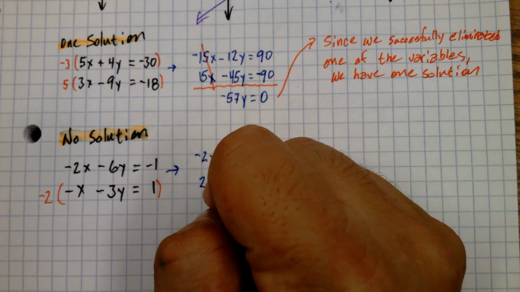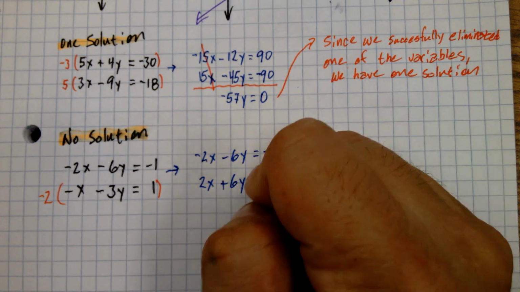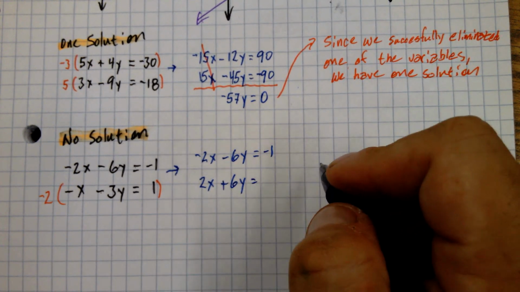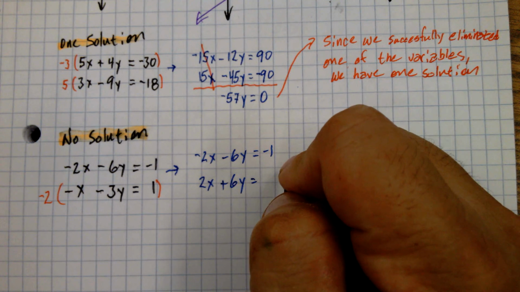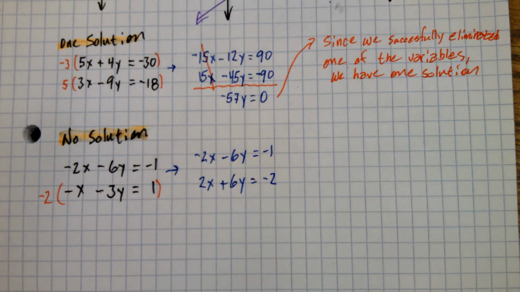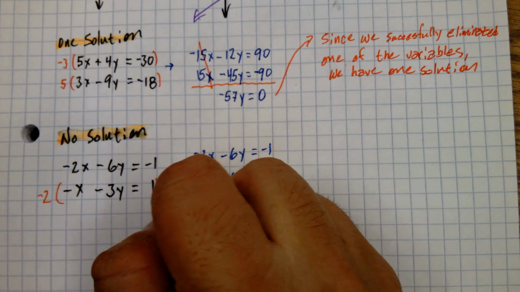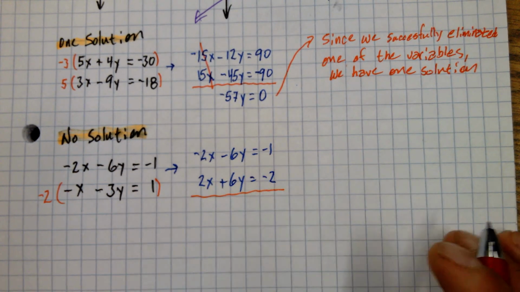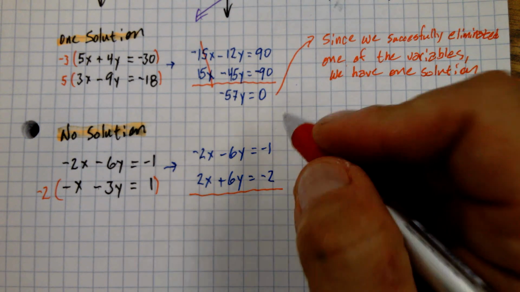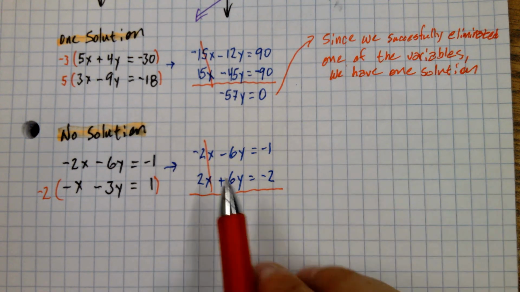Over here we get 2x plus 6y equals negative 2. Okay, notice what happens here. What do you see? Well, let's cancel. All right. So obviously negative 2x and positive 2x cancel. But what happens here?